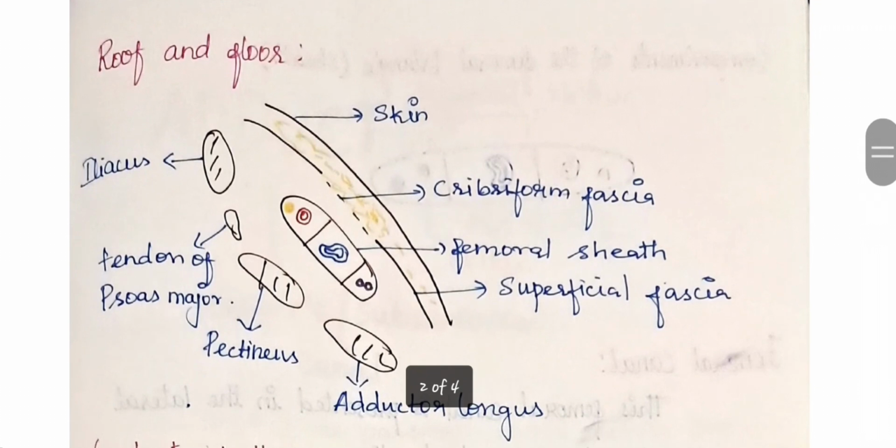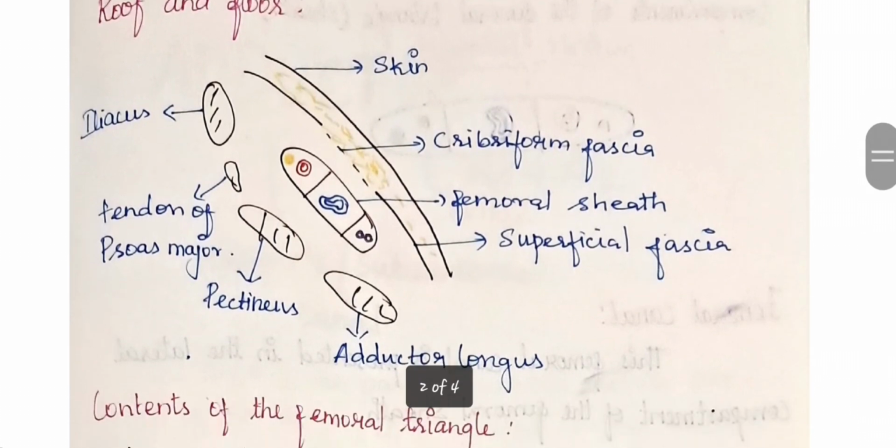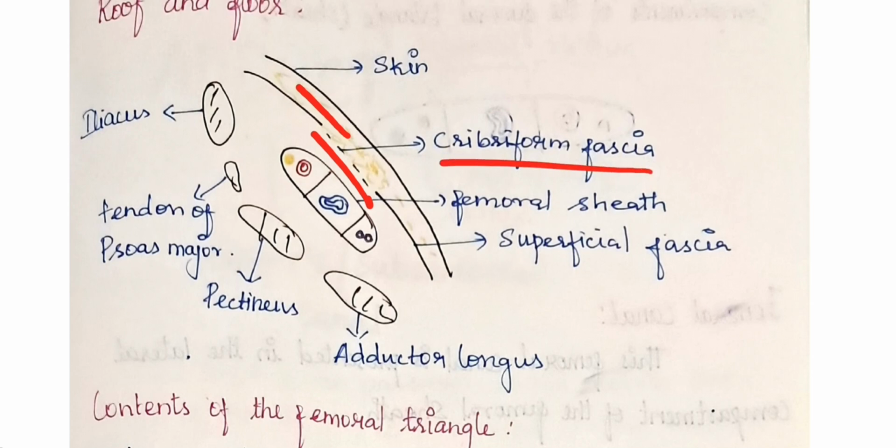Coming to the floor and the roof of the femoral triangle. The roof has skin, superficial fascia and cribriform fascia. The cribriform fascia appears to have some pores in it. Below that we have the femoral sheath, which we will discuss in the upcoming topics.